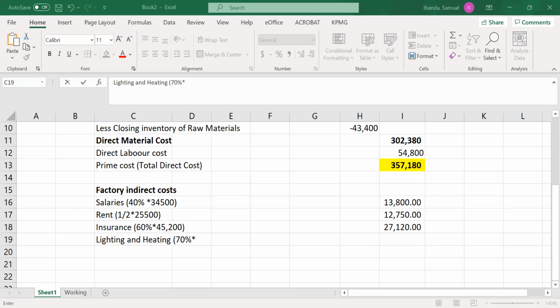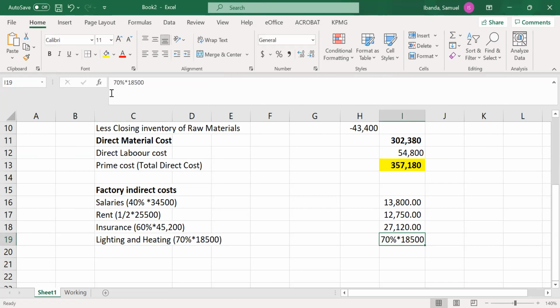Just to confirm. Yeah, it is 18,500. So which gives us 129.50. Gives me 129.50 as the component of my so-called factory for the lighting.